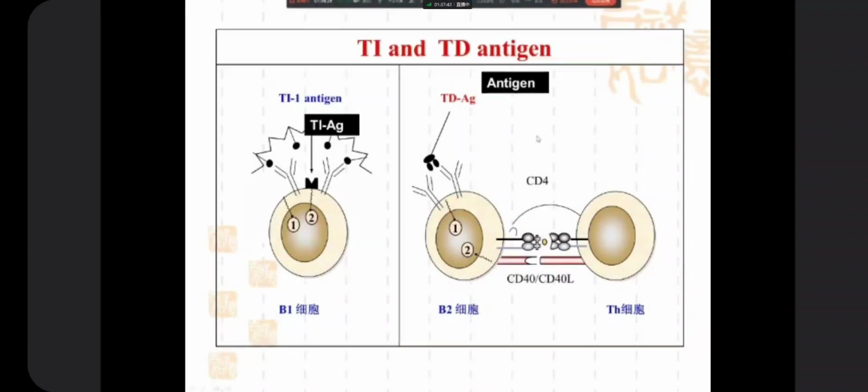Everybody, you can see the figure shows the immune response evoked by the TI antigen and the TD antigen. The two antigens can evoke different immune responses because the activation of the two antigens is not the same. We will learn that part later.